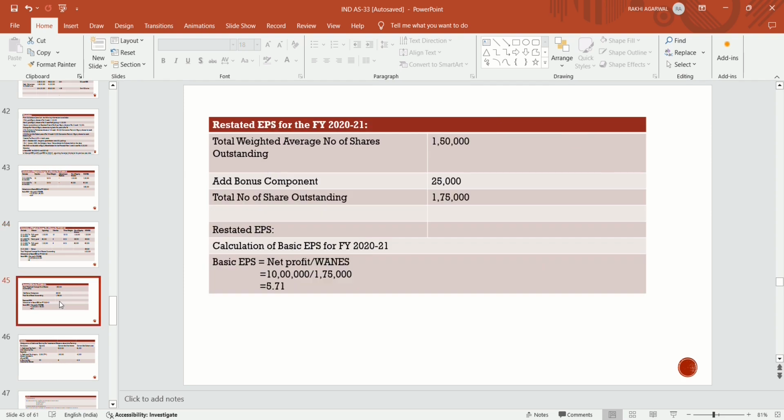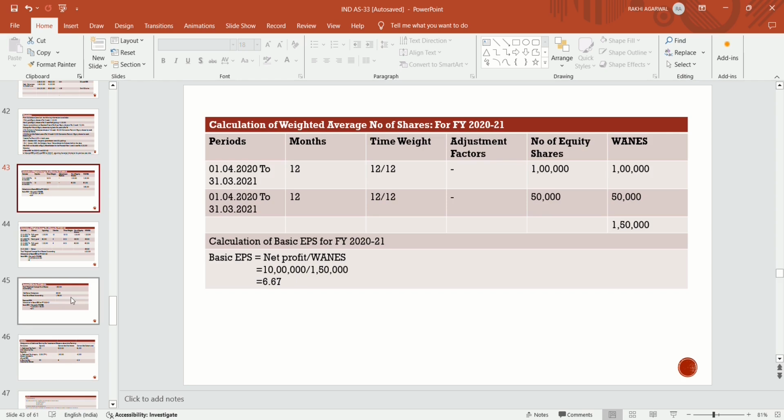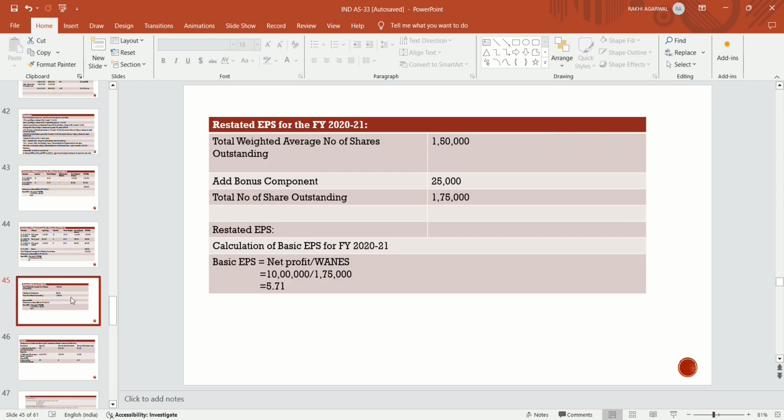Restated EPS for the financial year 2021: the total weighted average number of shares outstanding that we had calculated is 1,50,000, and adding the bonus component of 25,000, the total number of shares outstanding after restatement is 1,75,000. Restated basic EPS for the financial year 2021 is net profit of 10 lakhs divided by the restated weighted average number of equity shares, 1,75,000. So it becomes 5.71, the restated EPS.